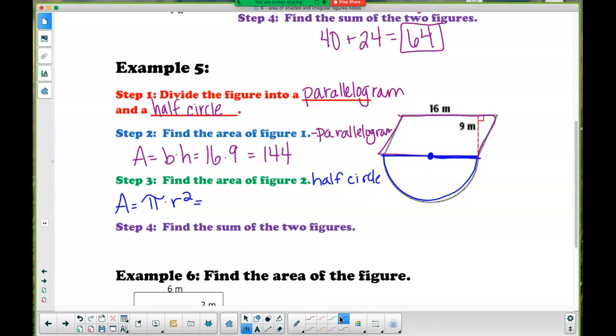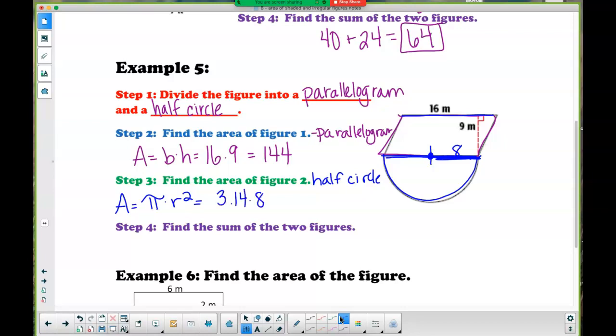We need to know this distance right here. How far is that? Matthew? 8. Does everybody know why it's 8? Do you see that? Why is it 8? Because the top number is 16. Yeah, the top number is 16, and it's a parallelogram, so those have to be the same. So half of it is 8.